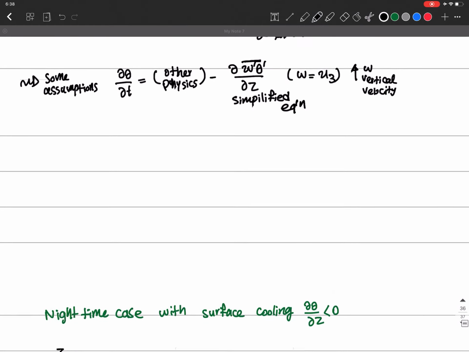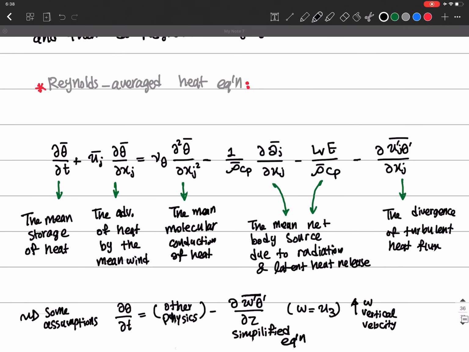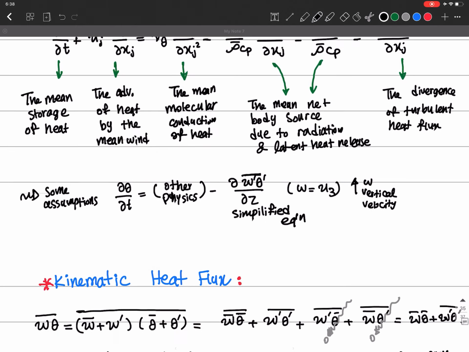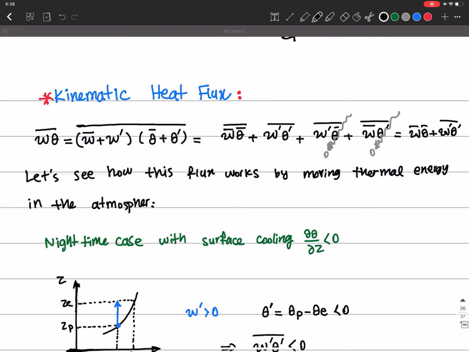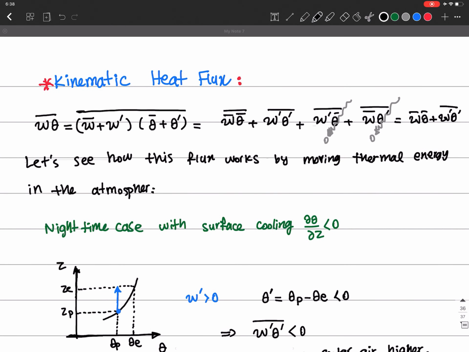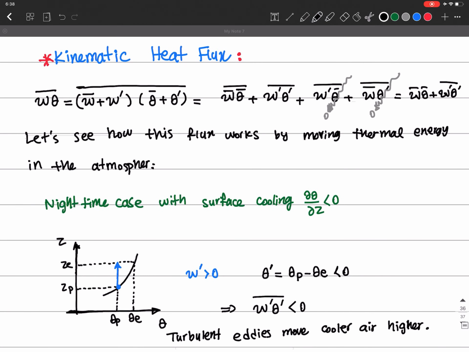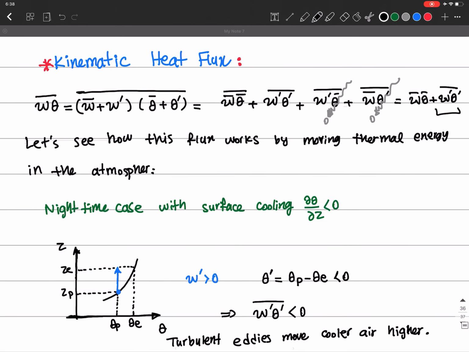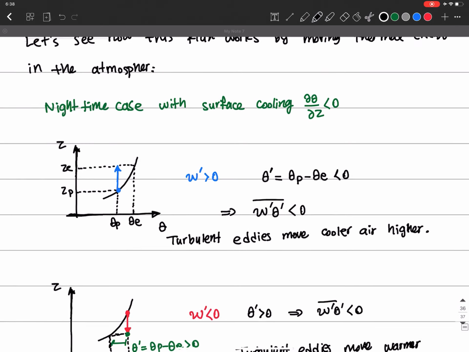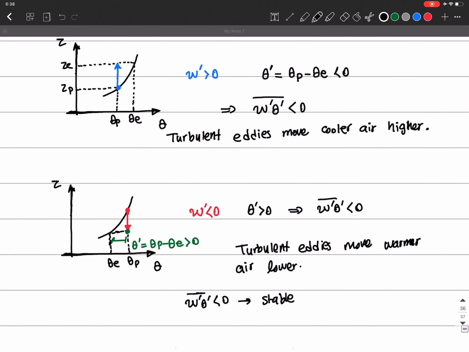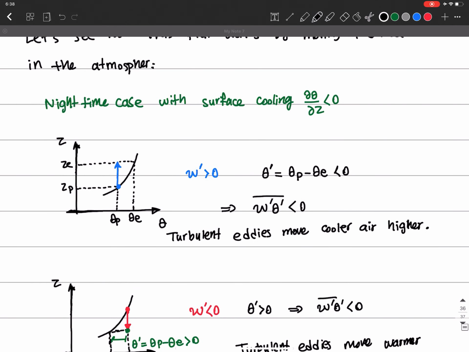So here, if you look at this budget, and also in the turbulent kinetic energy budget, which we didn't discuss, this term also goes into the TKE budget. So what it does is when you have these negative heat fluxes, this stabilizes the flow.